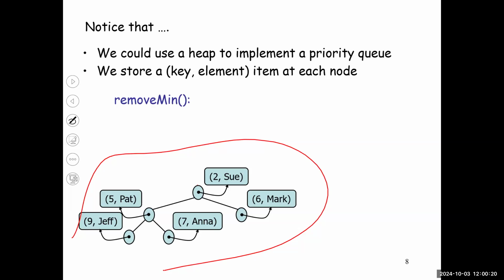But of course, each key has an element because this key is just the priority of this element inserted here. Now, for example, if you're using Python, Python supports tuples. C++ supports pairs. In Java, there's no direct support for this. That's why we have to create a node class and then sequence on all these things.